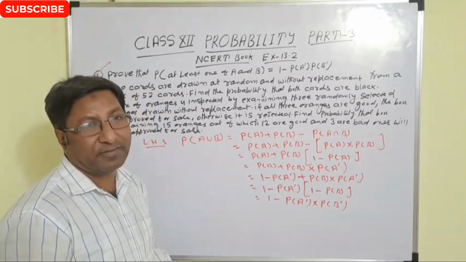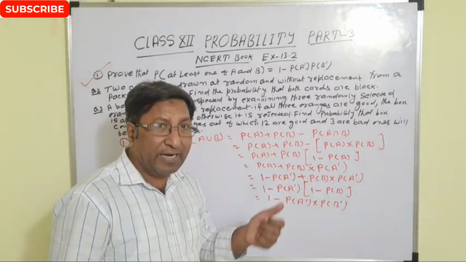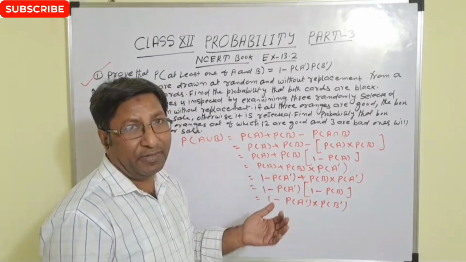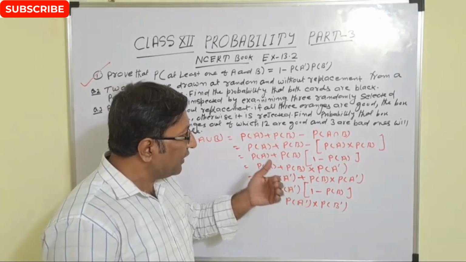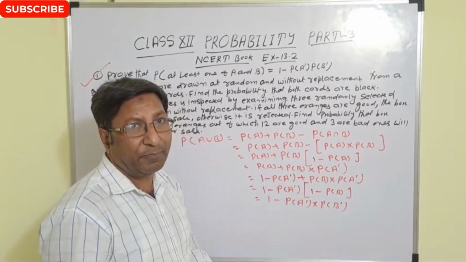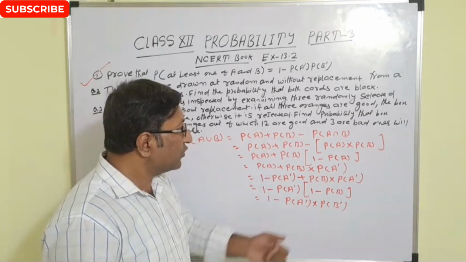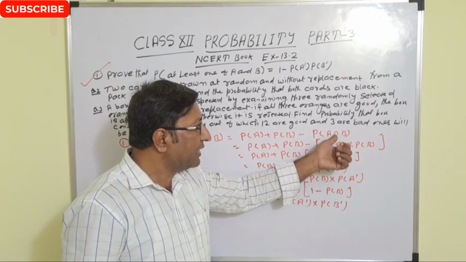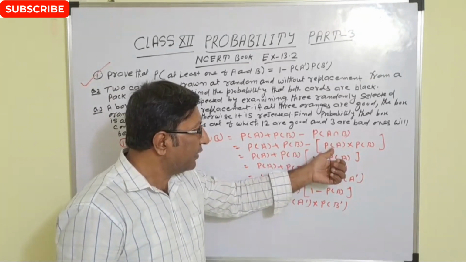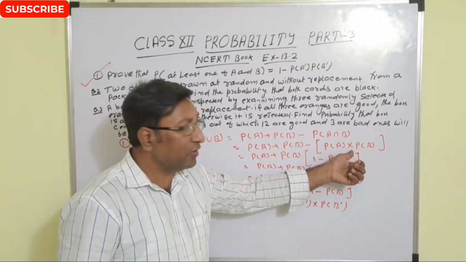If A and B are independent events, then probability of A intersection B is probability of A multiply probability of B. So we have written here probability of A intersection B equal to probability of A into probability of B.